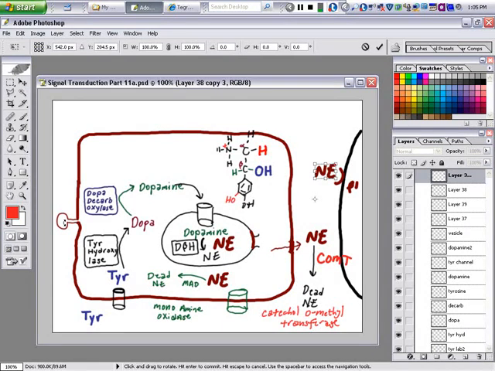The tyrosine is converted into norepinephrine. The vesicles fuse with the membrane, release the norepinephrine. It goes onto your heart cells. Then your heart beats more strongly. Once that passes, your brain says, okay, stop making norepinephrine. And the norepinephrine that's outside, some of it is destroyed, some of it is recycled.